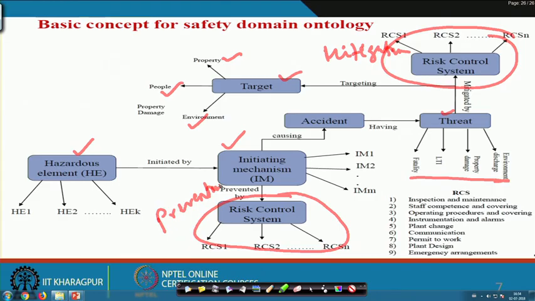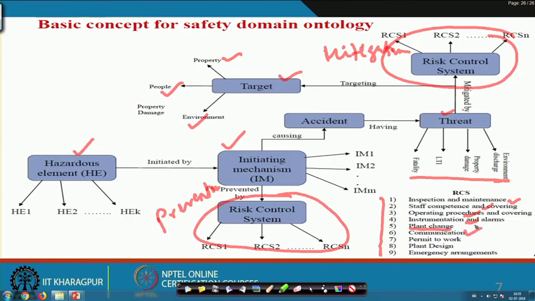There also a risk control system will be there, and interestingly most of the control system will be related to either inspection or maintenance problem, or staff competency problem, or operating procedure problem, or instrumentation and alarm problem, or there is change, planned change, management of change.